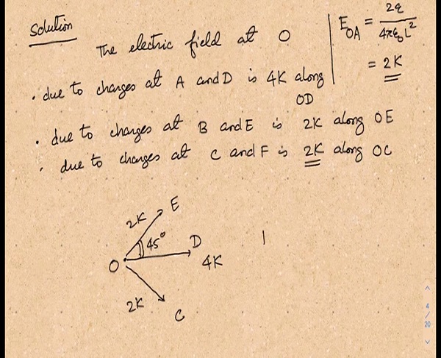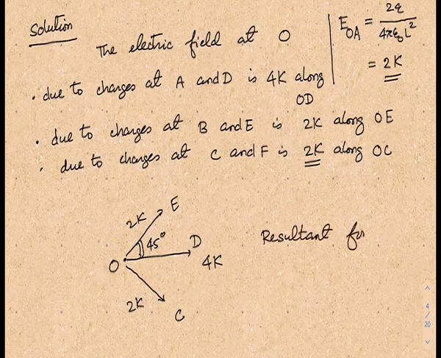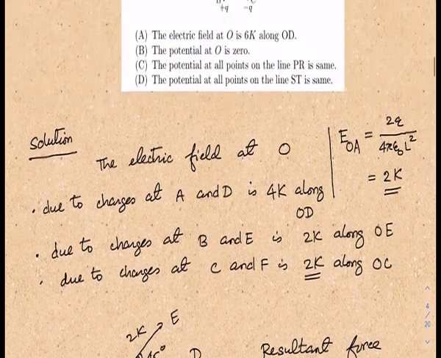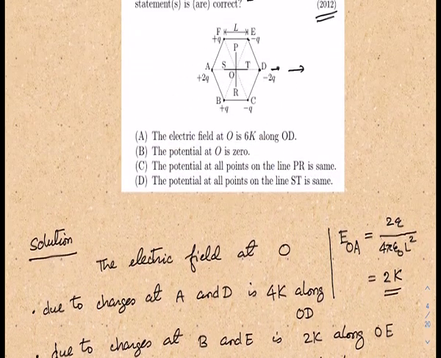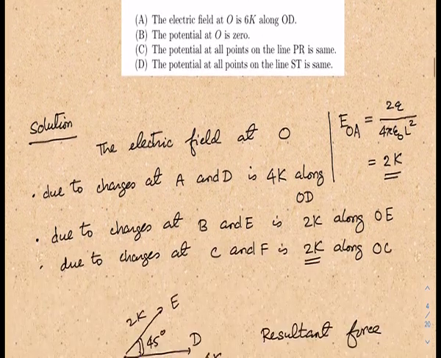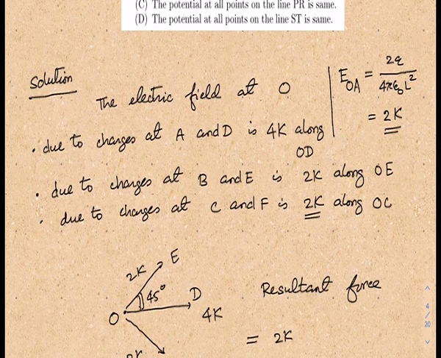So the resultant field at O would be simply 2k. Oh, I'm sorry, it's a hexagon, so these are equal, so this is obviously 60 degree. Okay, so I'm sorry, this has to be 60 degree.